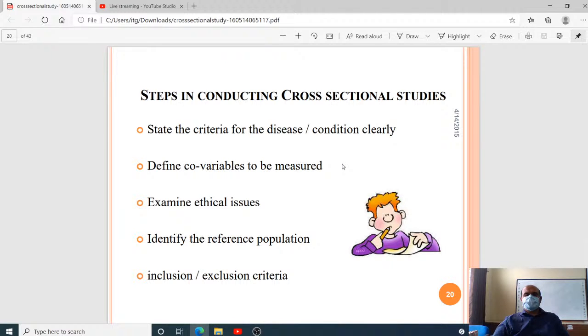Okay, steps in conducting cross-sectional studies. State the criteria for the disease and conditions clearly.